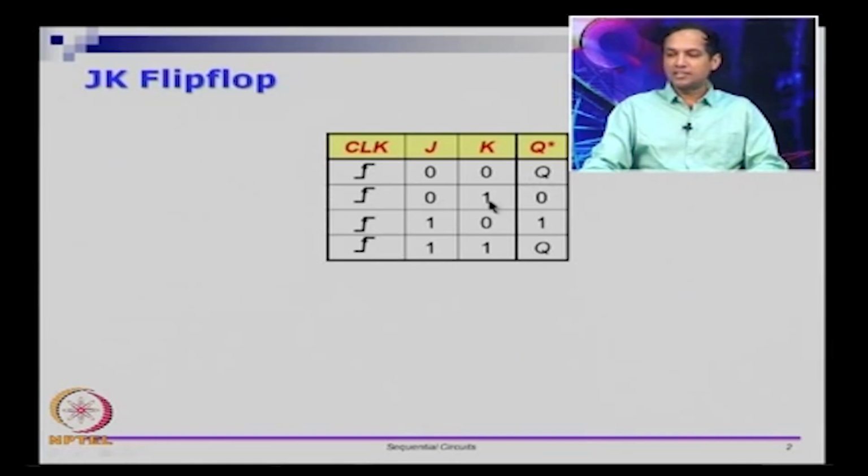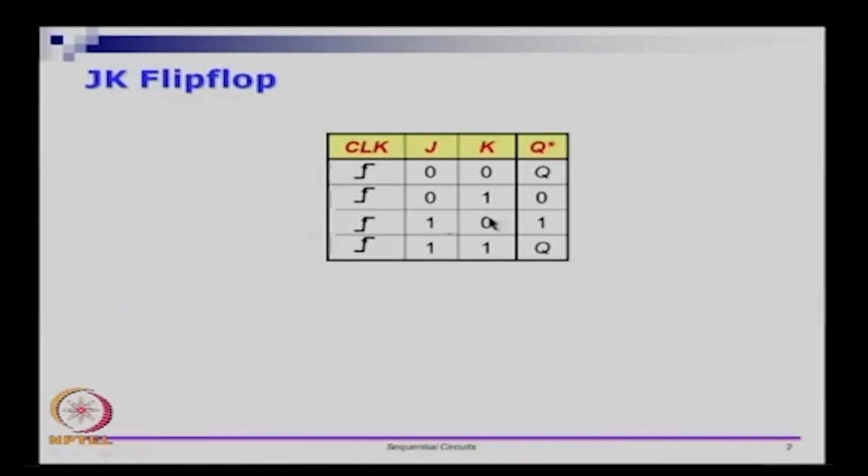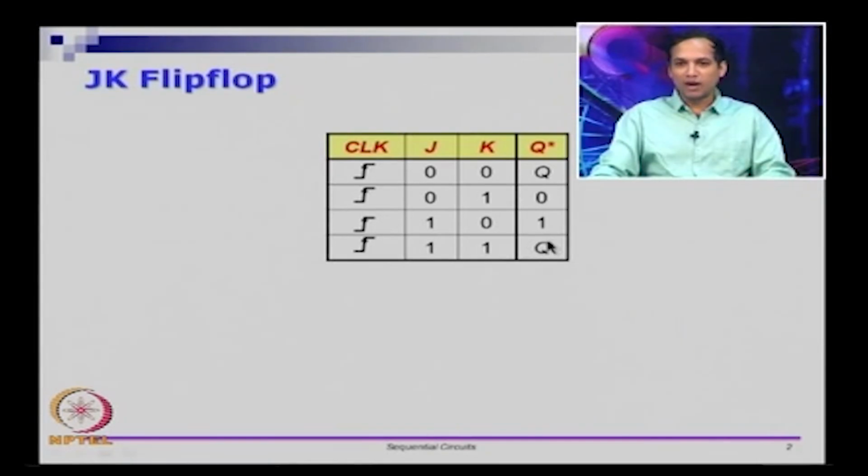If K is 1 and J is 0, the output is 0. If J is 1 and K is 0, the output is 1. However, if both are 1, then the output is Q bar. I am sorry about that, this should have been Q bar, the complement of Q.